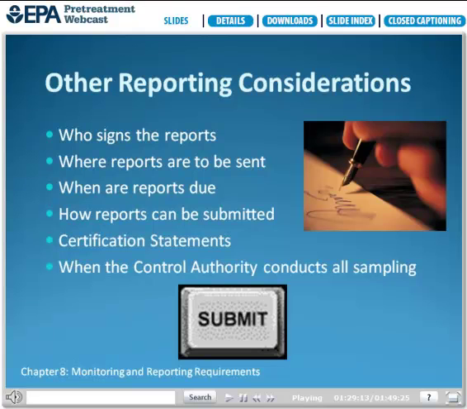The review and approval for the cross-media electronic reporting regulation is granted only by EPA. That is not something that's delegated down to the states, and the requirements can be found in 40 CFR Part 3.